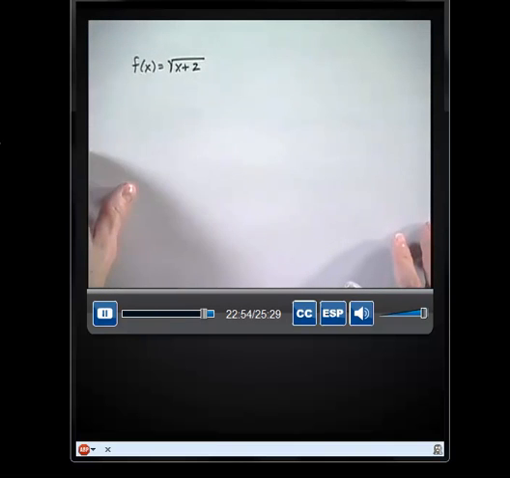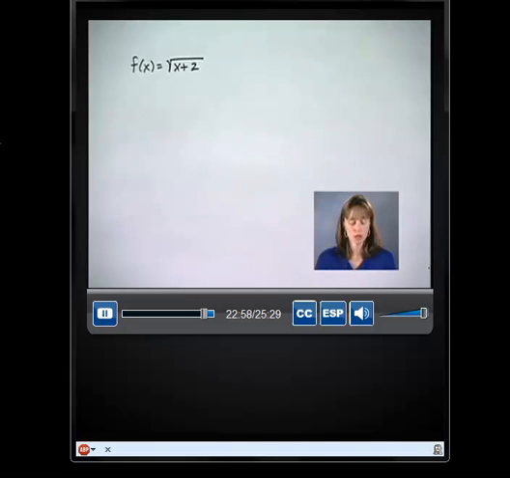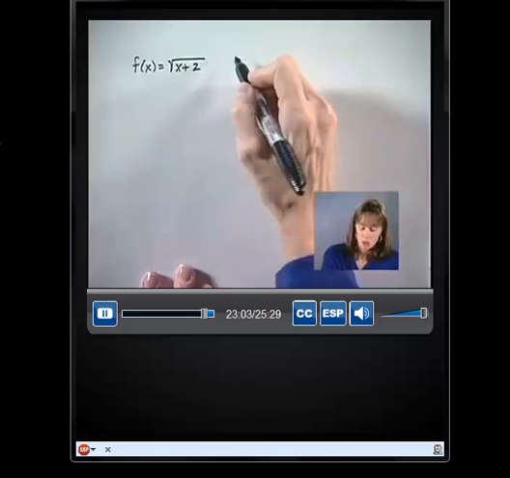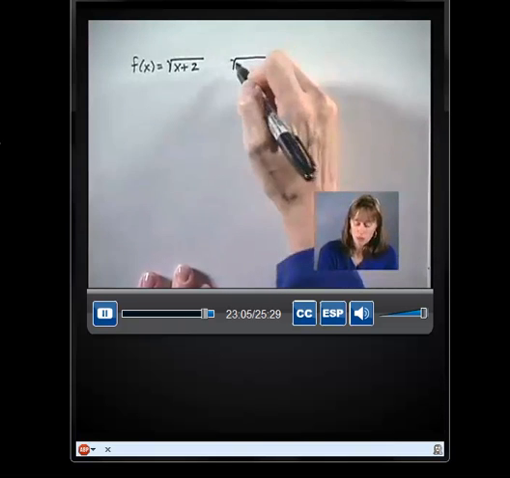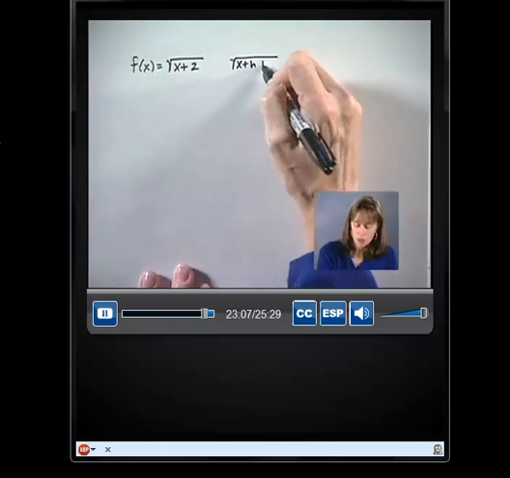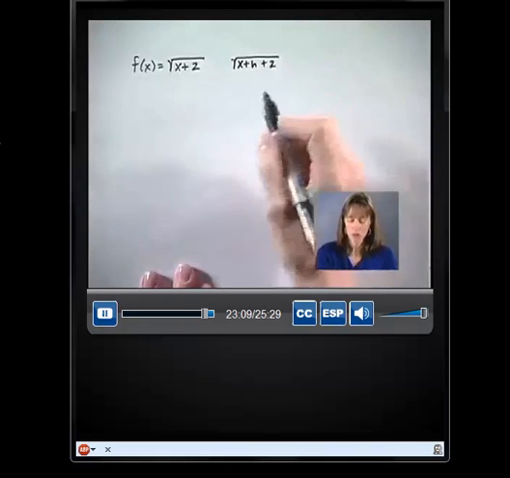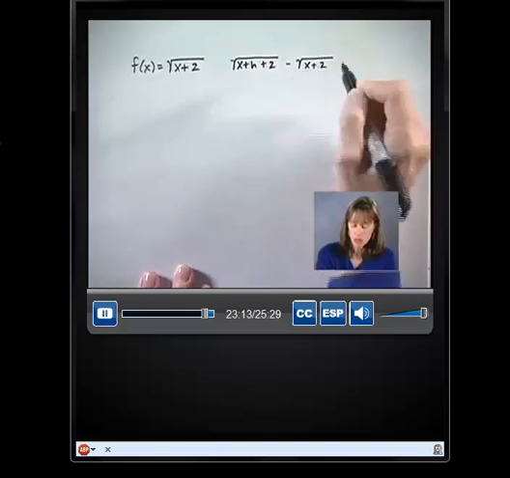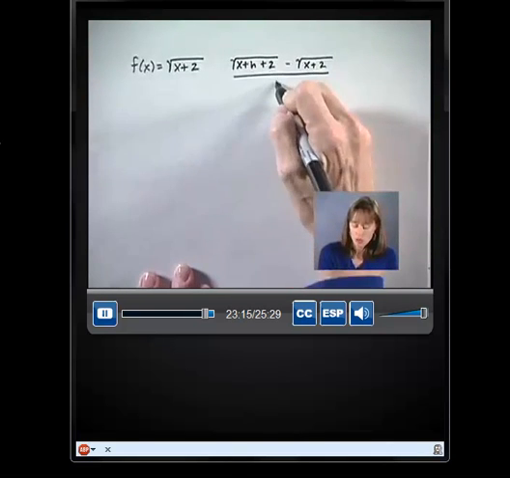Here we have the function f of x equals square root of x plus 2, and we want to find that difference quotient. So again, the first thing we have to do is evaluate the function at x plus h, which is going to look like the square root of x plus h plus 2. Subtract from that the function itself and divide that by h.